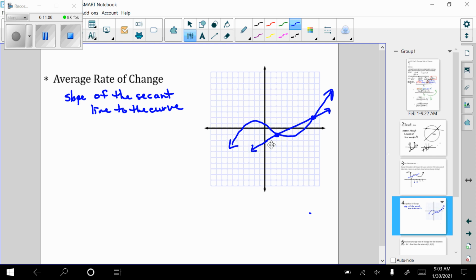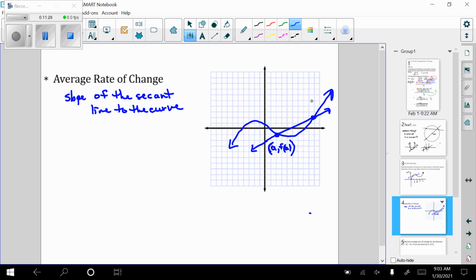This point here, we're going to call A and F of A. You could also use X. A would be my X coordinate, F of A would be my Y coordinate.